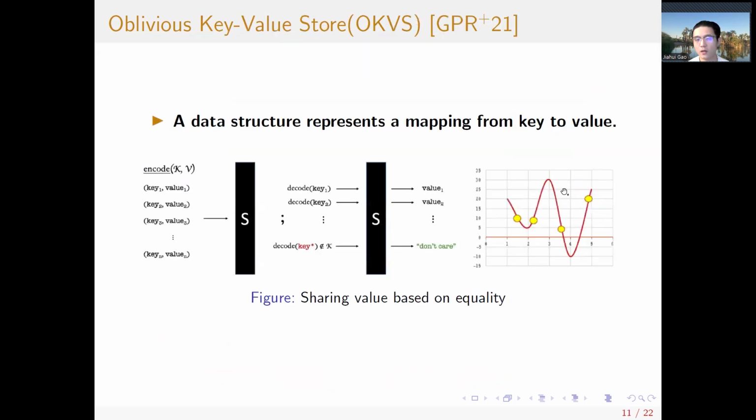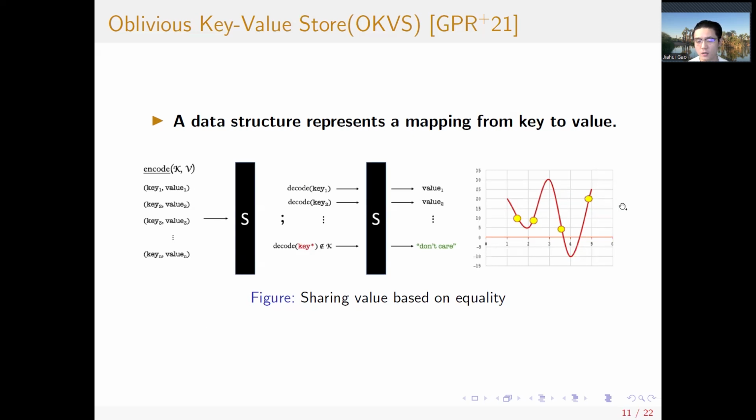And the key-value store is a technique which can realize the functionality of OPPRF by encoding the key-value pairs into a data structure which leaks no information about the original input, while allowing other parties to do the decoding given the key.